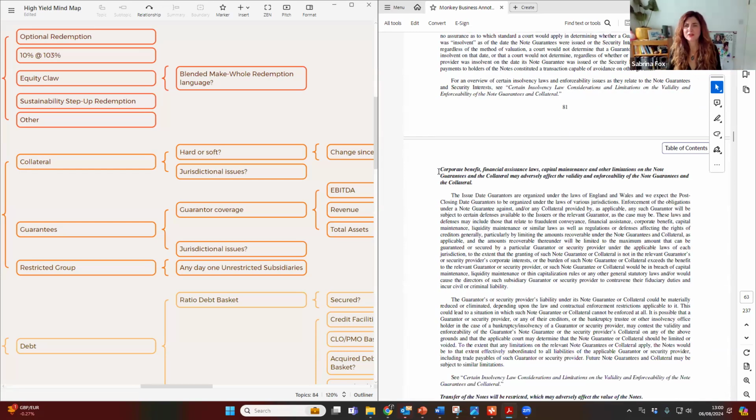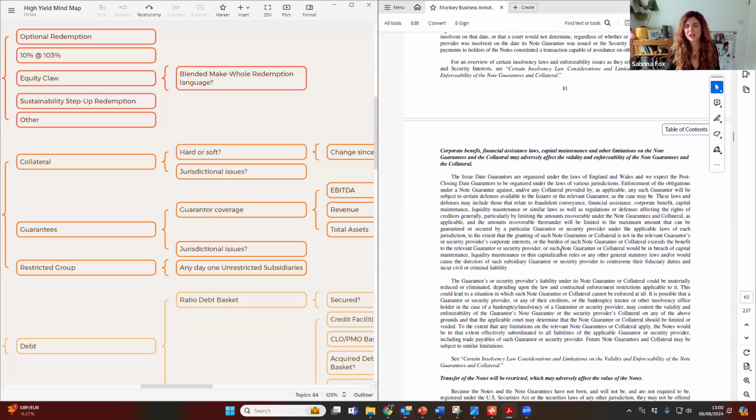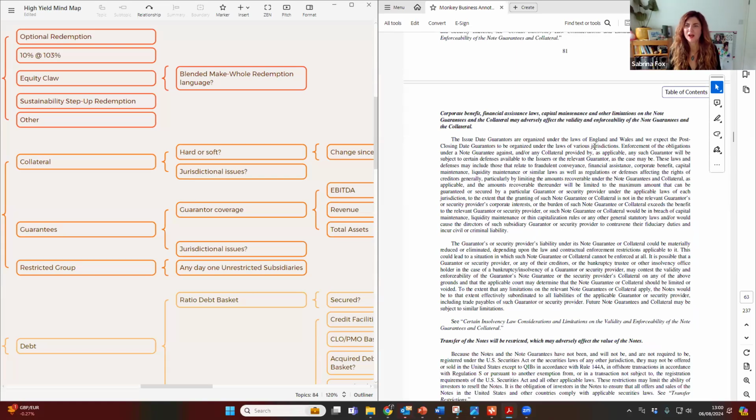So here's a risk factor about corporate benefit, capital maintenance, etc. rules, which is the kind of rules that I'm talking about. And it's not really raising any specific jurisdiction, but it's just raising it as a general point. And then it refers you here to the certain insolvency law considerations, validity and enforceability of the notes and guarantees. So sometimes there is more fulsome disclosure around the guarantees, especially for issuers who are issuing out of Italy or Spain.